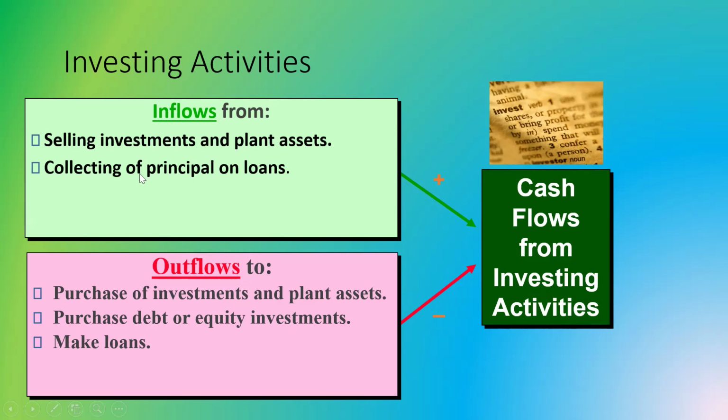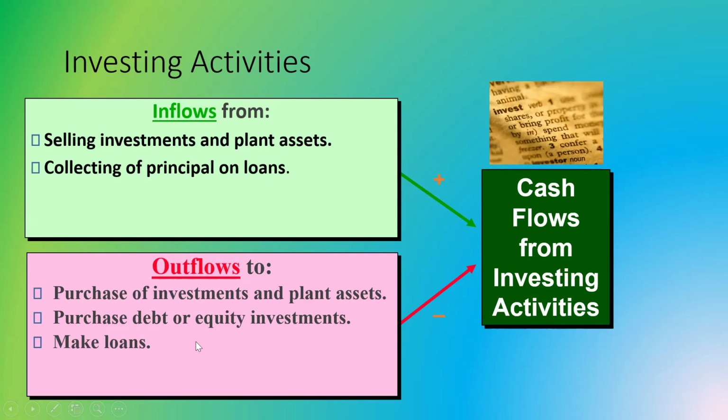Likewise, collecting the principal on loans. One thing must be remembered: it is just the principal amount that is included in investing activities, not the interest, because the interest goes under operating activities, which we have just discussed. And these are the outflows from investing activities: purchase of investments or plant assets, purchase of debt or equity investments, and if the company makes loans.